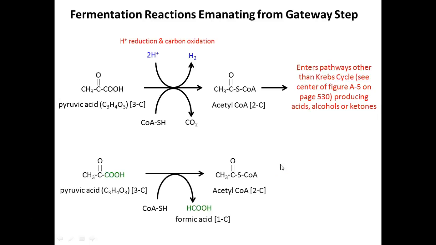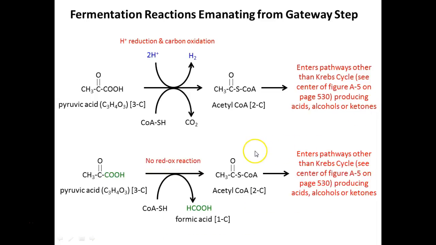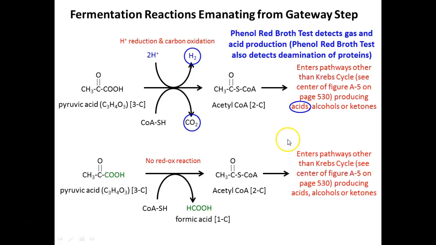Another pathway, right? Lots of other pathways. But the bottom line for fermentation is you're usually producing acids, alcohols, sometimes even ketones, and then also gases. Fermentation is the only one that produces hydrogen gas.